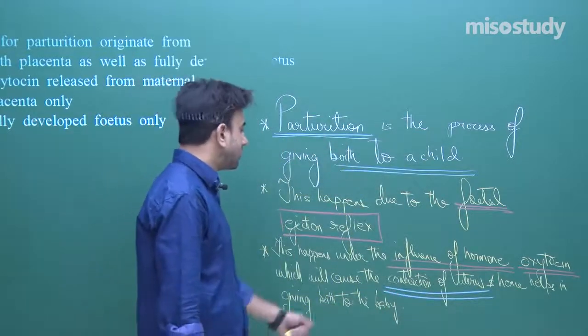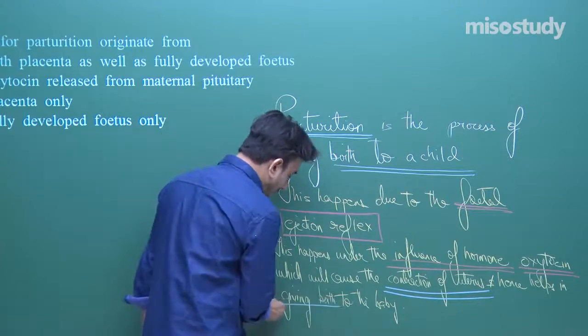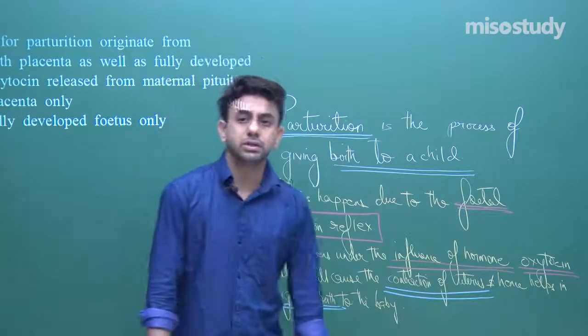So this happens under the influence of the hormone oxytocin, which will cause the contraction of uterus, and hence helps in giving birth to the baby.